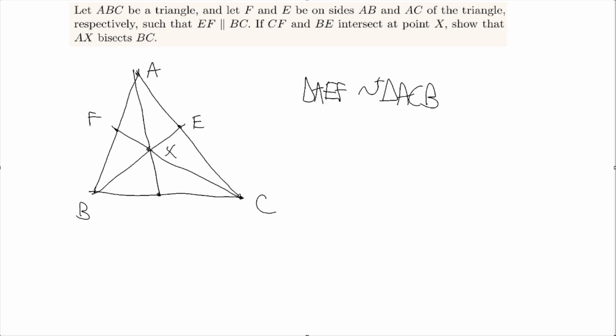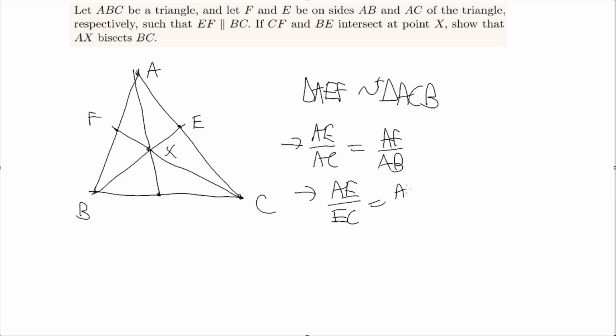And this means that AE over AC is equal to AF over AB. And this means that AE over EC is equal to AF over FB. And this implies that CE over EA times AF over FB is equal to 1.